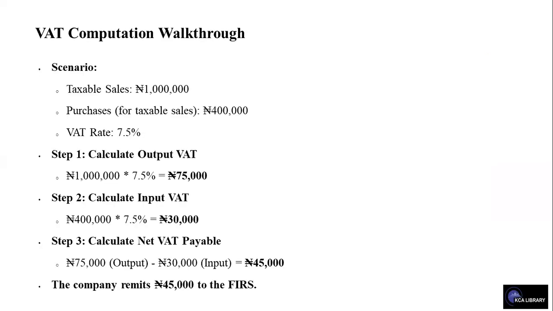And then in computation, take a scenario whereby the taxable sales is 1 million, purchases for taxable sales is 400,000, and the VAT rate is 7.5%. To calculate the output VAT, it's the sales, which is 1 million, multiplied by 7.5%, which is 75,000 naira.